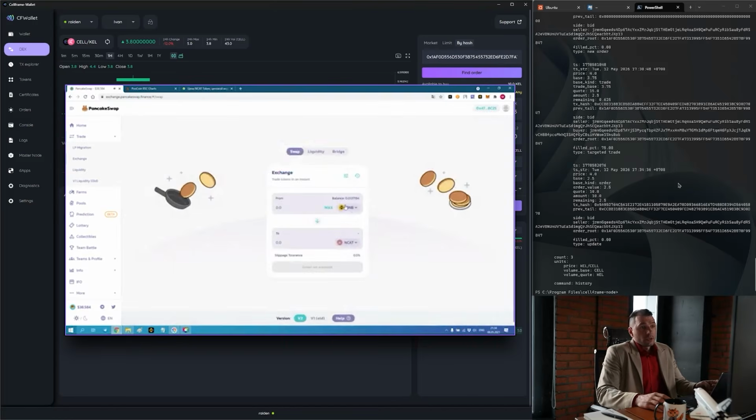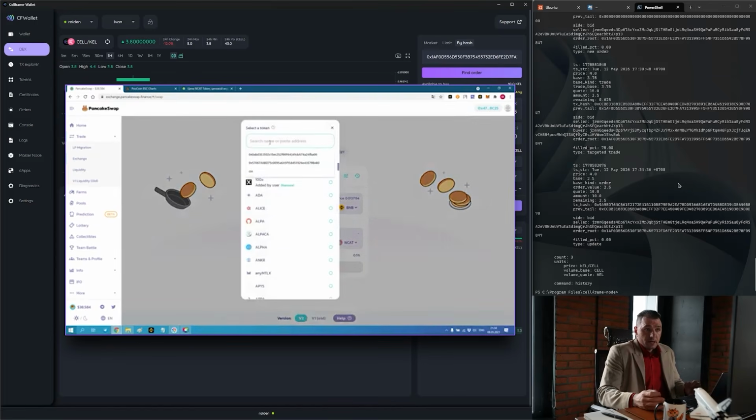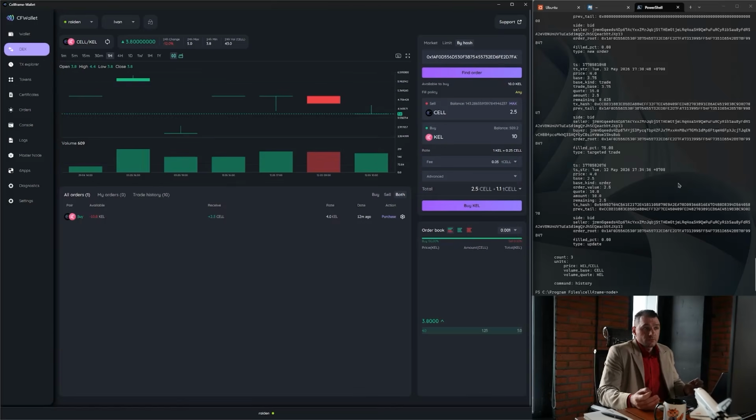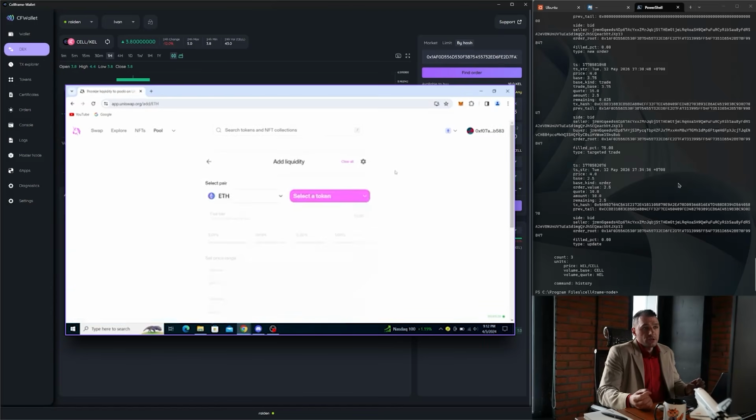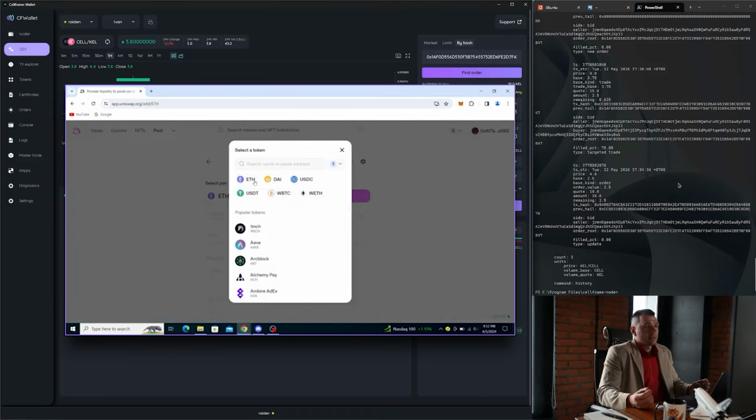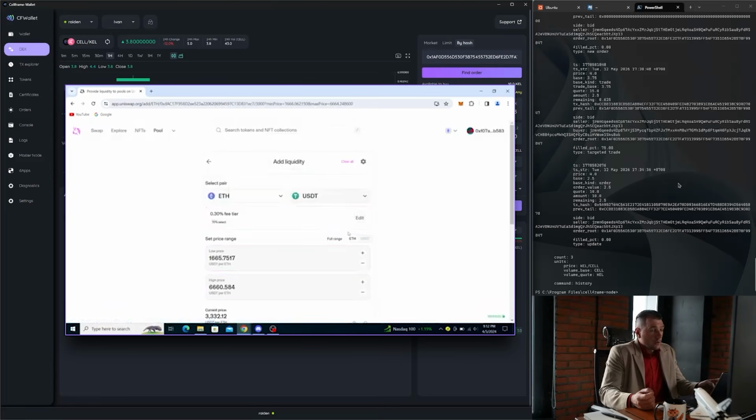AMMs, or pool exchanges, such as Uniswap or PancakeSwap, use liquidity pools, and price comes from the pool formula. Uniswap version 3 has ranges that can imitate limit orders, but they are still liquidity positions inside an AMM curve.